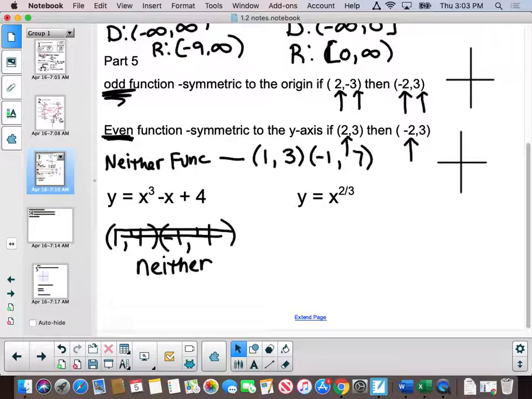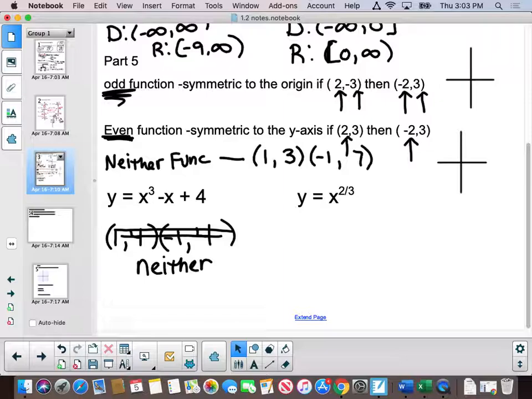Not working. What did you use? X cubed minus x plus 4, second table. Second plus reset. You already did this?